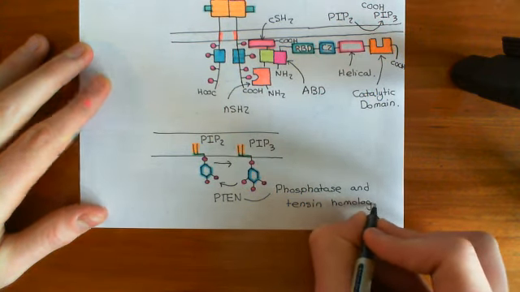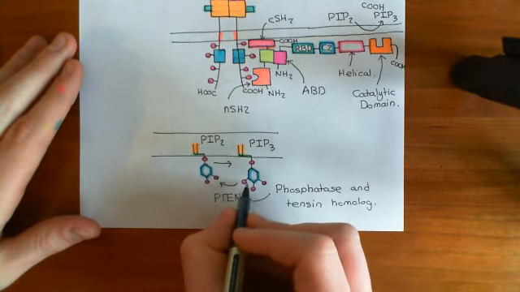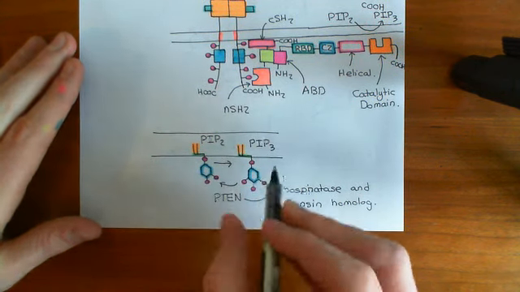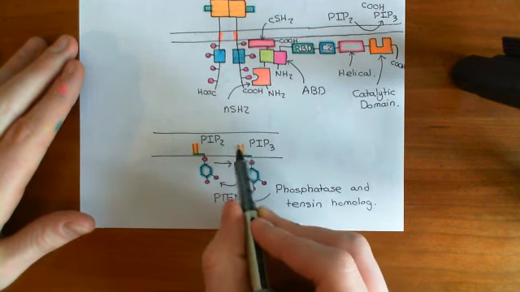Okay, so these enzymes scour the cell membrane looking for PIP3 molecules, and when they find them, they cut off that phosphate group and return them back to PIP2 molecules. So this is the reason that usually there is no PIP3 in the cell membrane.